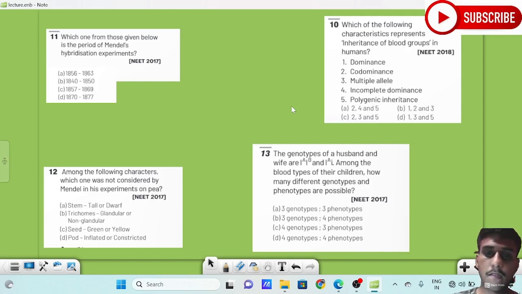Next, 13th question. The genotypes of a husband and a wife are given. Male and female are given. Among the blood types, how many different genotypes and phenotypes are possible? Yes, this is an example of multiple allelism.